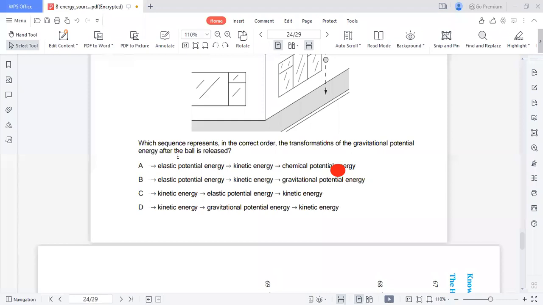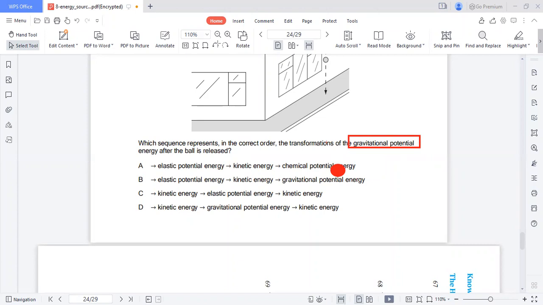Now the question is, which sequence represents in the correct order the transformation of gravitational potential energy after the ball is released? When the ball was released, initially it had gravitational potential energy, as mentioned here. Then gravitational potential energy is converted into kinetic energy.